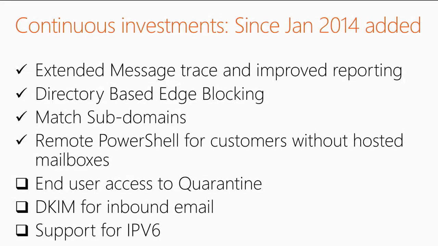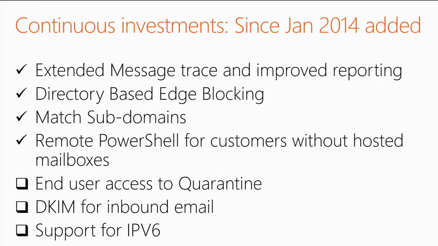Another feature that we already added is what we call match subdomains. If you configure your company with a list of allowed domains, and one of them is, let's say, cantoso.com, you don't need to manually go and configure a.cantoso.com, b.cantoso.com, and so on. There are a number of customers who have hundreds of domains underneath that umbrella domain.